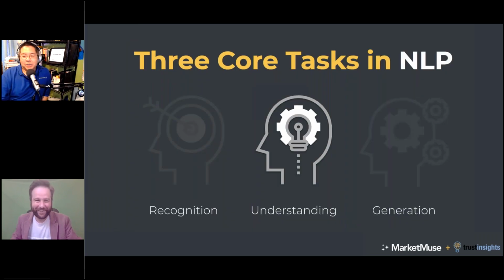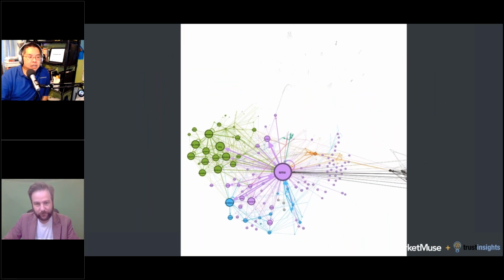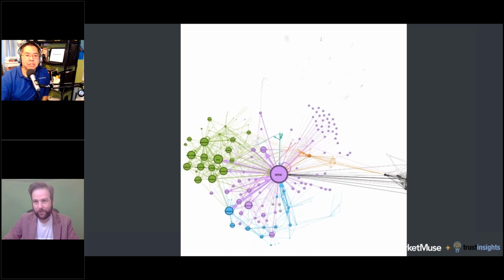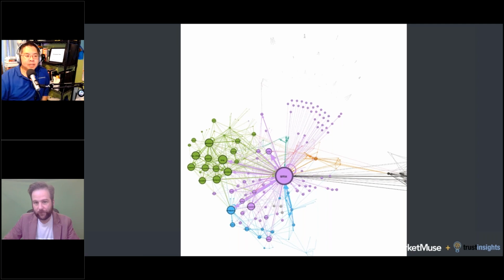So the second category is beginning to understand language. And this is where those relationships really come into play. Just because a word appears a lot, or just because a word seems to be important within the context of a document, does not necessarily mean that you can gain any kind of understanding from it. It's the same as if you had a refrigerator full of stuff.